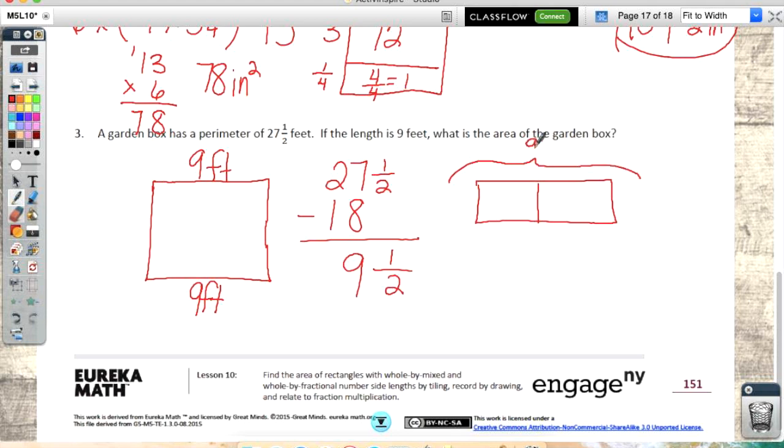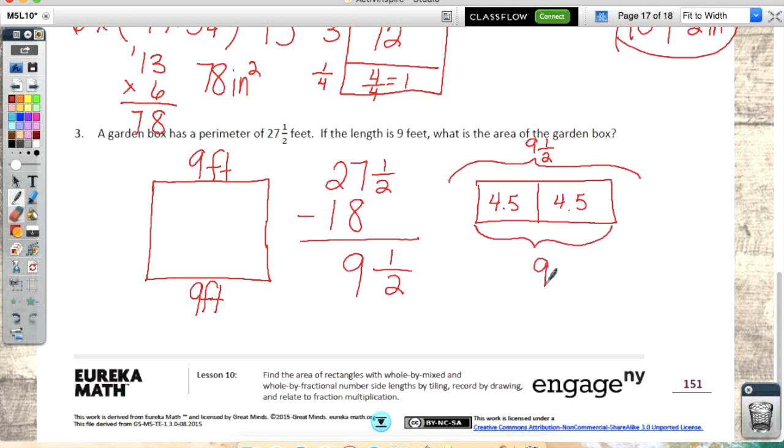I'm going to do it like that for a visual. Okay, what plus what equals 9? That's 4 and a half plus 4 and a half, right? So I'm actually going to put decimals here because it's faster to write. But it means the same thing. So that gives me 9.